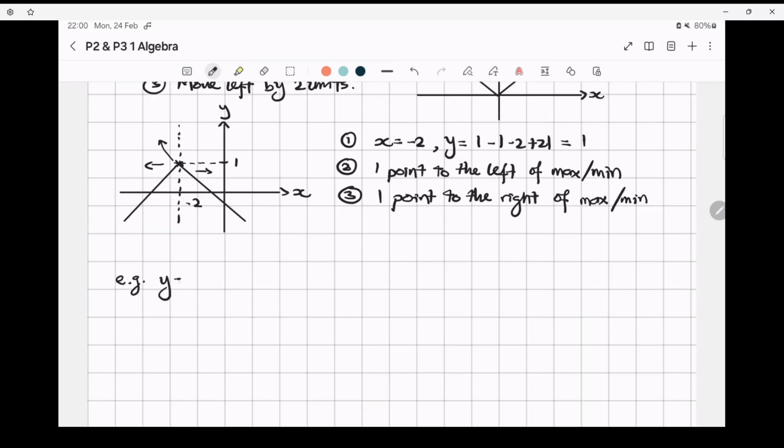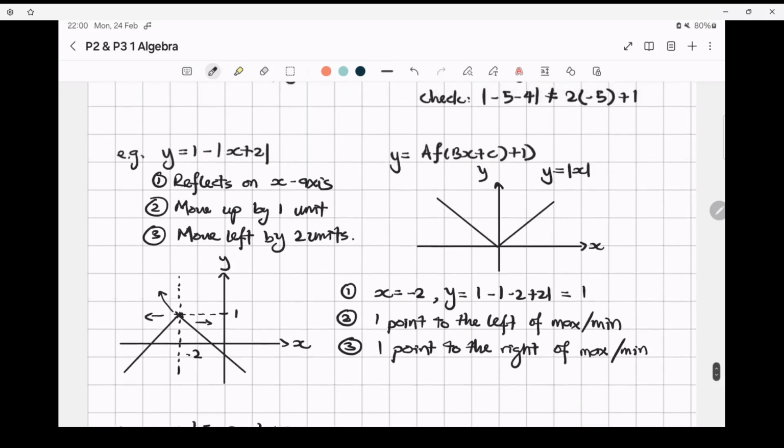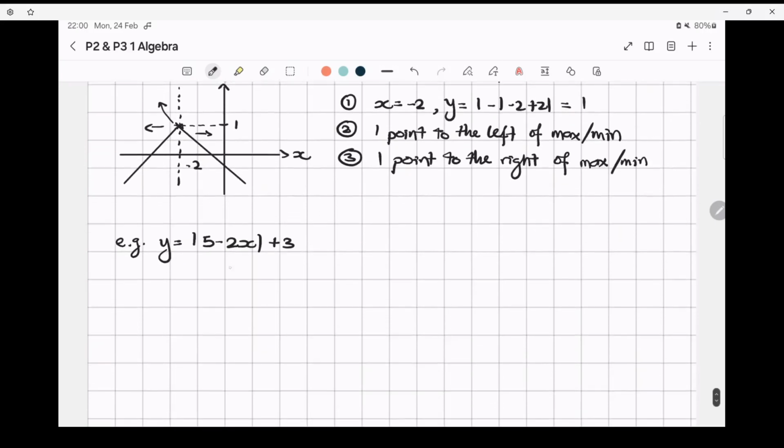So let's look at one more example. So this is a bit interesting because the minus sign is inside the modulus function. By right, you should have reflection on your y-axis, but for this particular equation, you can also do it like this.